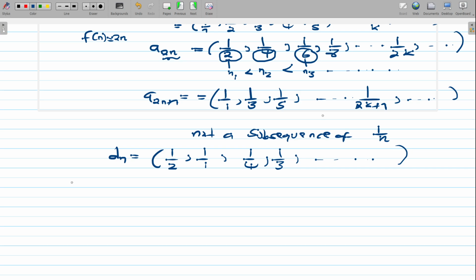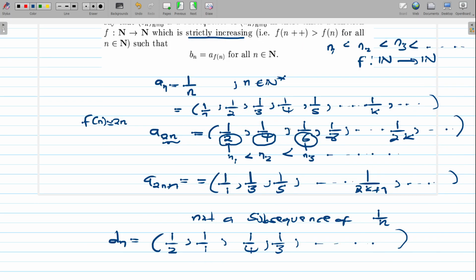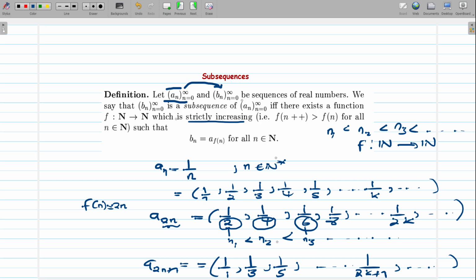Right. So we can have many examples of sequences that are not subsequences, but then we basically want to leave it here. And then one very interesting thing about sequences and the subsequences is the fact that if the sequence a sub n converges to some limit a, then all the subsequences of the sequence a sub n are going to converge to the same limit, which is a.